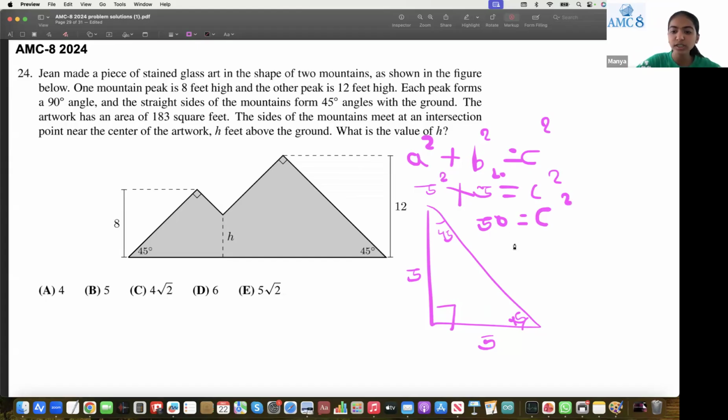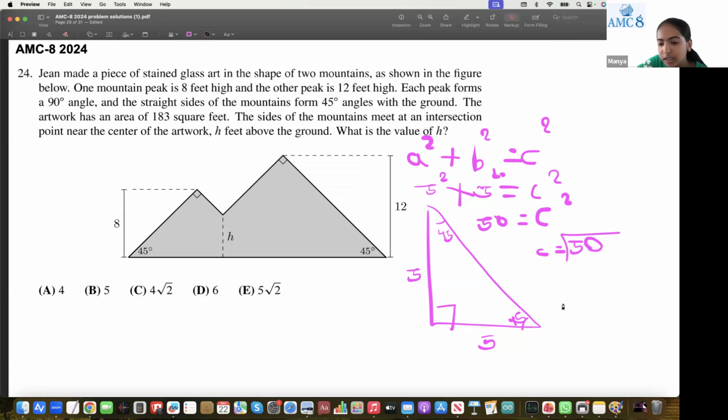And now to find the value of c, we have to take the square root. And we should be getting c is equal to the square root of 50. But now to solve the square root of 50, we know that 50 is made out of 25 times 2.